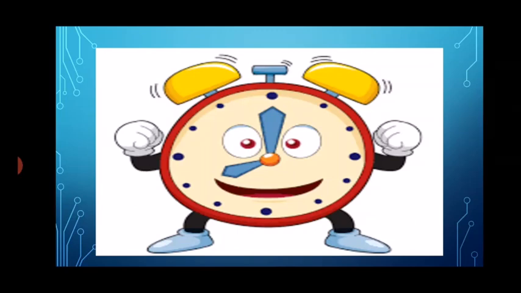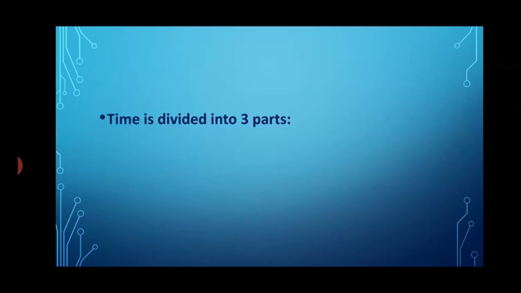So like I told you, in today's lesson, we are going to understand what time is. So, what is time? Time is divided into three parts. Just like in our body, we have various parts, to understand time also, we have divided it into various parts.